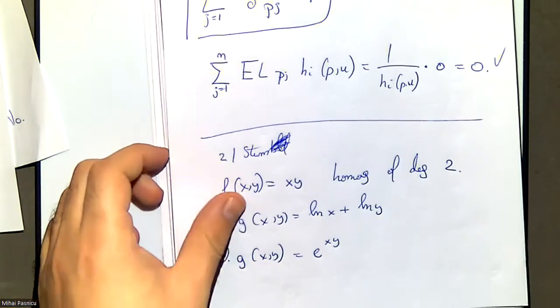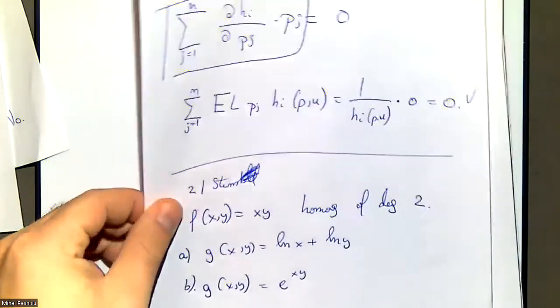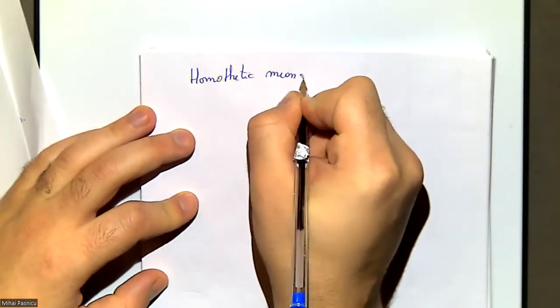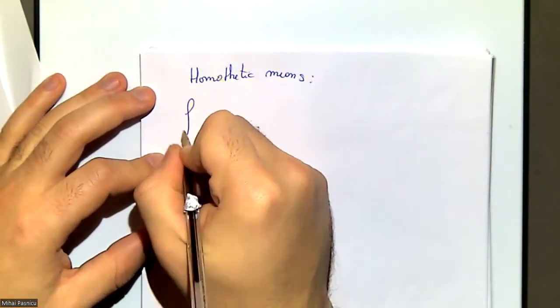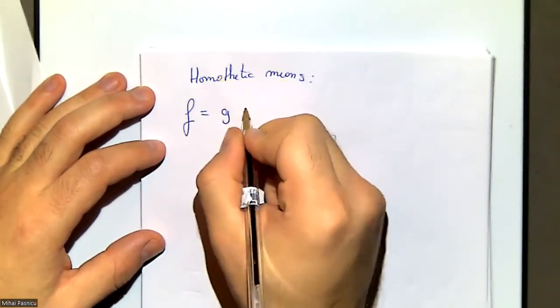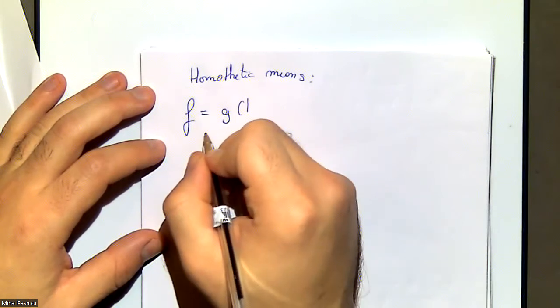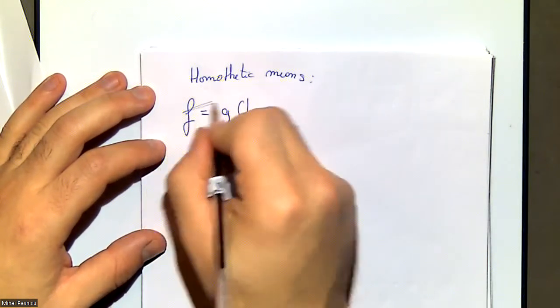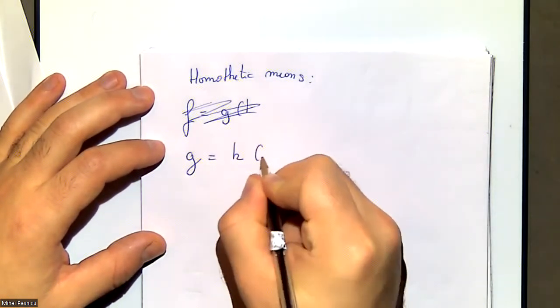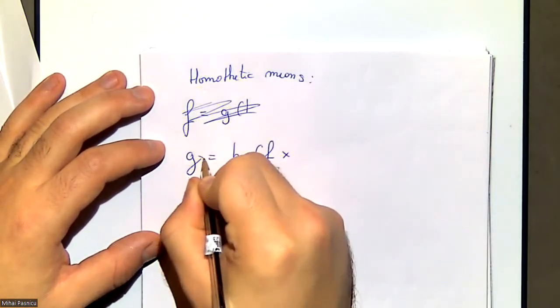Now, what does homothetic mean? Homothetic means that you can write your g function as h of f of x, okay, let's stick to the notation.